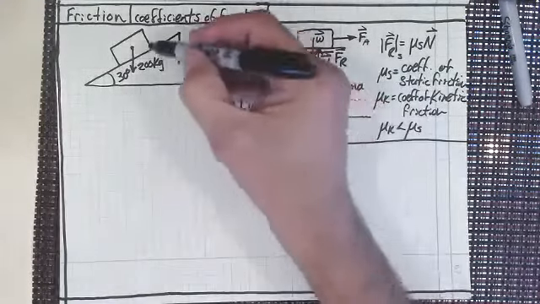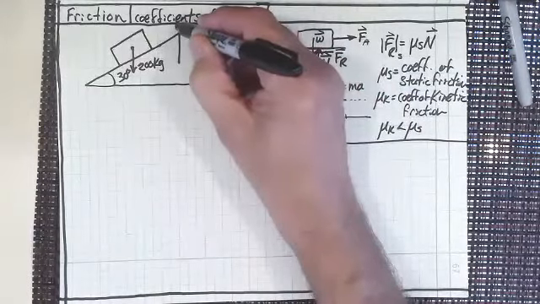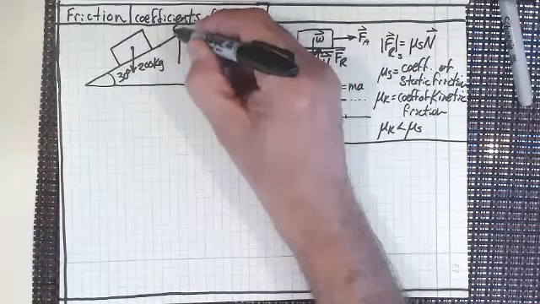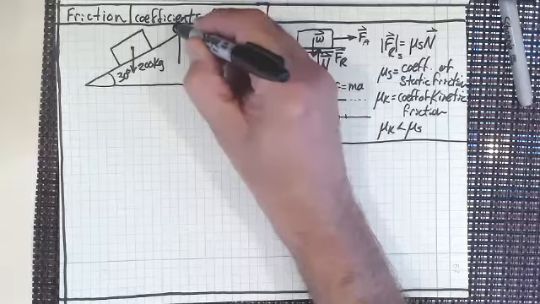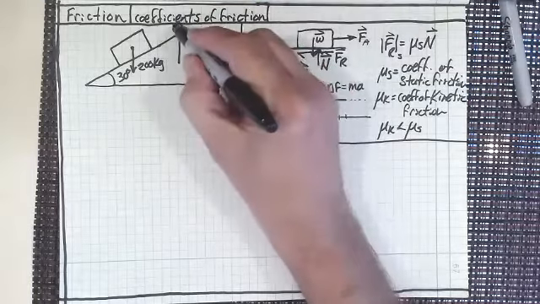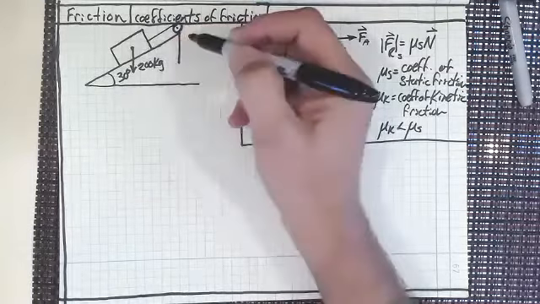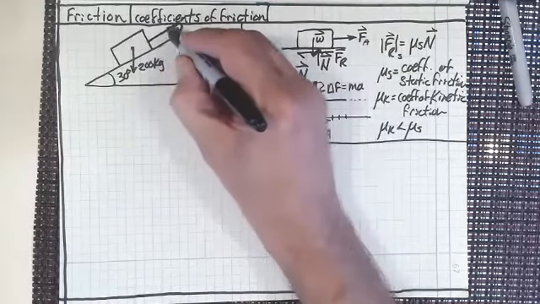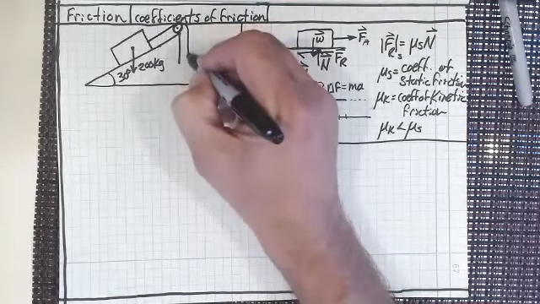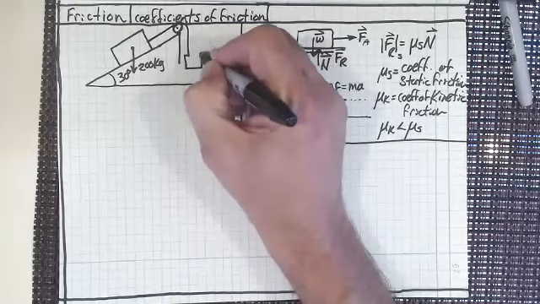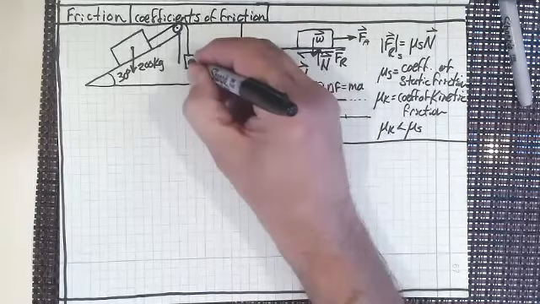Now, I'm also going to set up a little pulley there, and I'm going to put a tension line on here where I can put some type of weight, right?